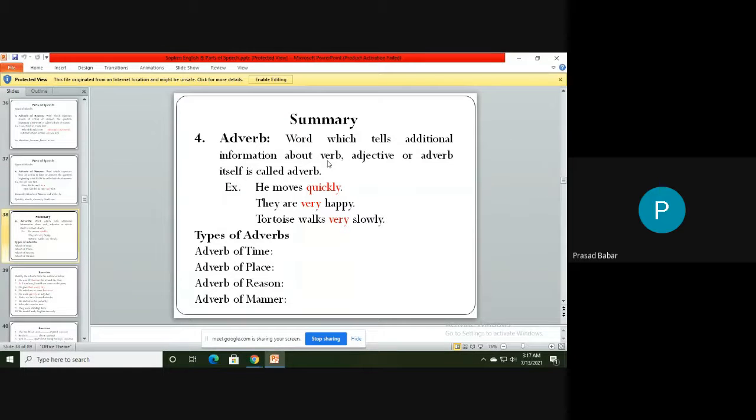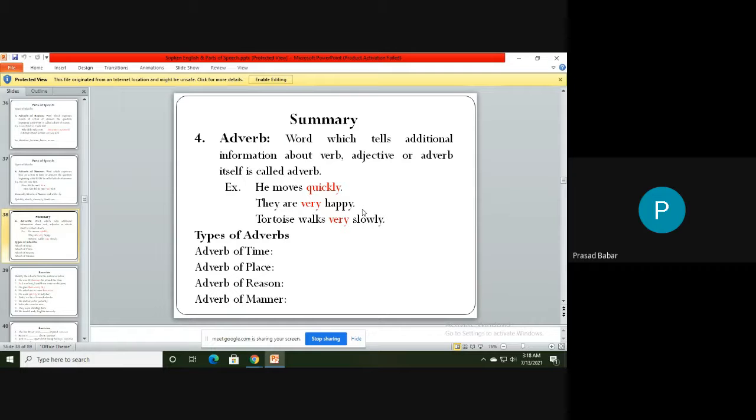So adverb means which tells additional or more information about the verb or adjective or adverb itself, and that is why it is called adverb or kriya visheshan. Examples are: he moves quickly. Here quickly is the adverb of manner. How does he move? Quickly, and that is why it is an adverb of manner.